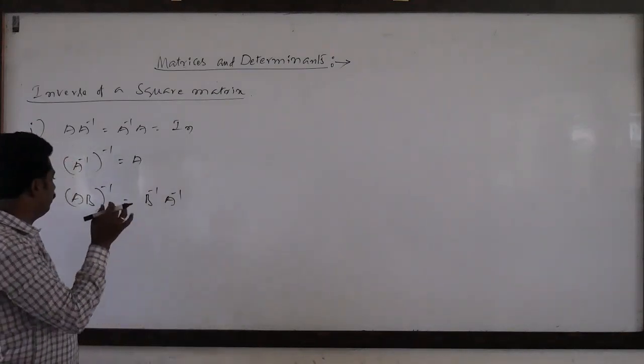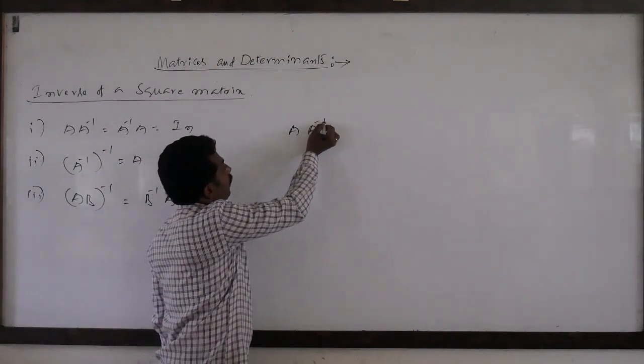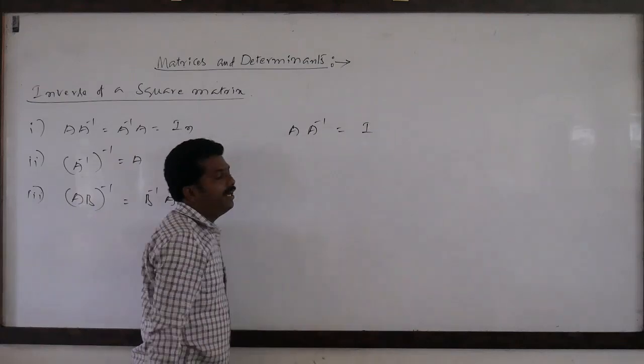So what is the property? A A inverse equals the identity matrix.